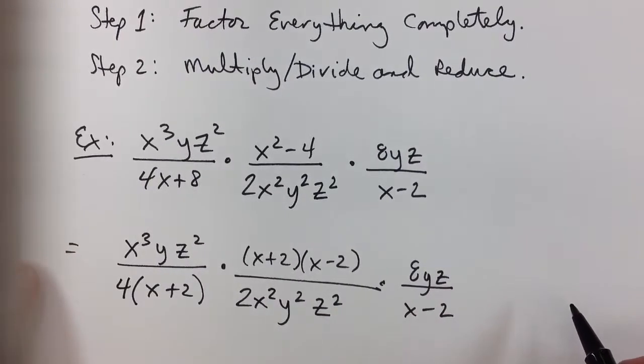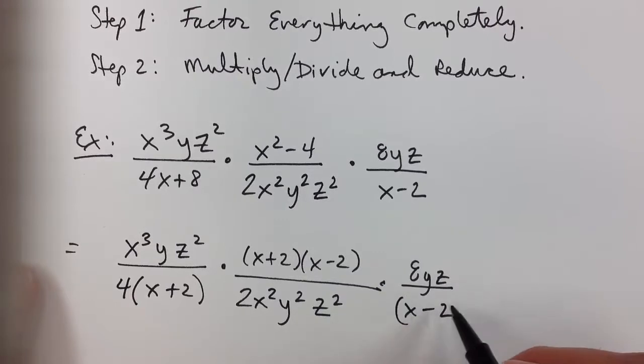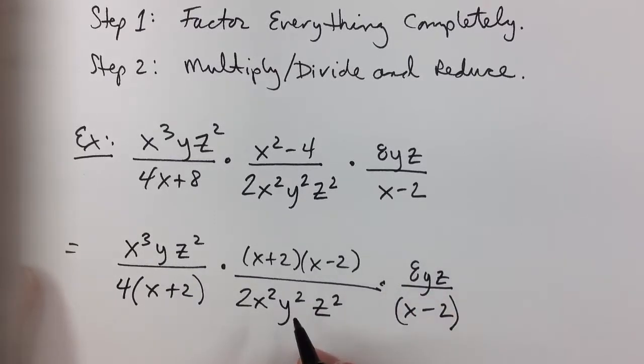Now, how do we know things are factored completely? Well, there should be no addition or subtraction that's not in parentheses. You might say, wait a minute, there's a subtraction that's not in parentheses, and that's true. Since it's the only thing here, we put it in parentheses so that we recognize that's one factor. Then everything really is factored.